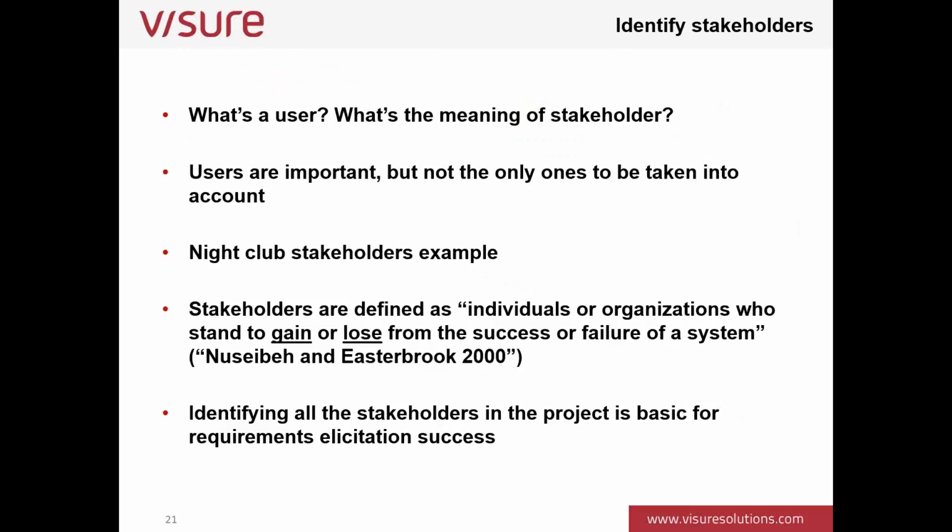Okay, so based on that, we can define a stakeholder as individuals or organizations who stand to gain or lose from the success or failure of a system. This is a great definition because not only the people who want the system to be a success must be taken into account, but also the people who are going to be opposing the system.